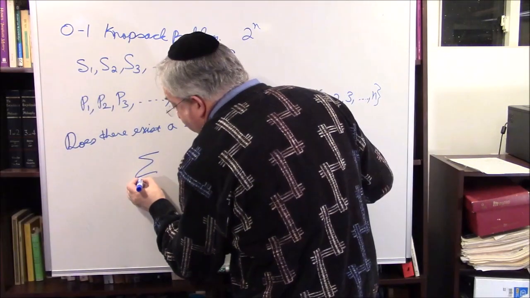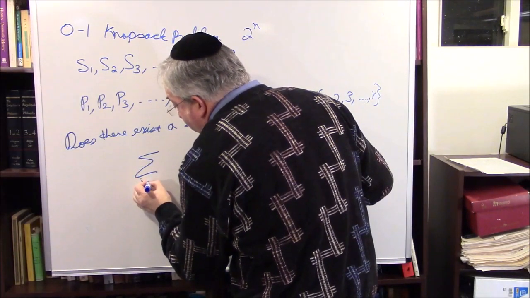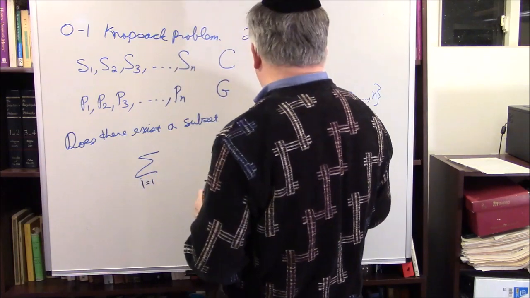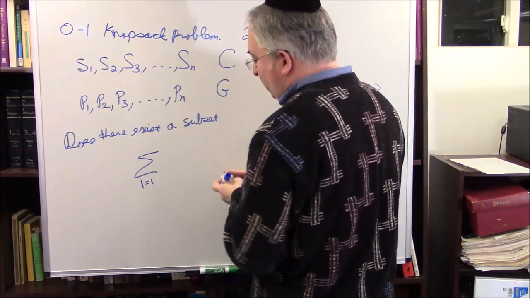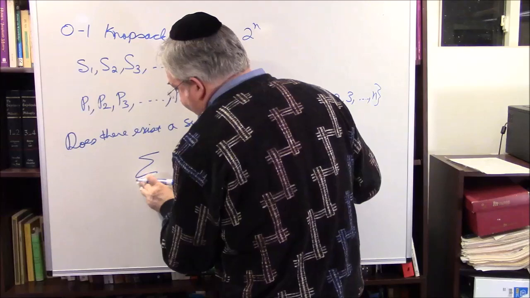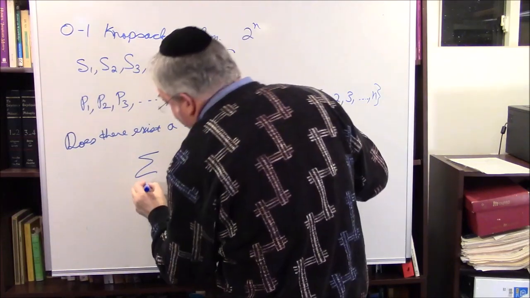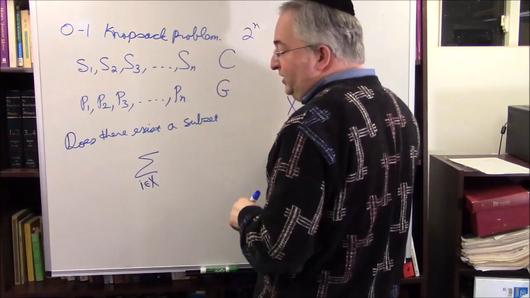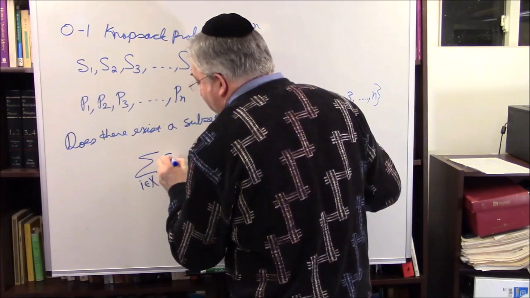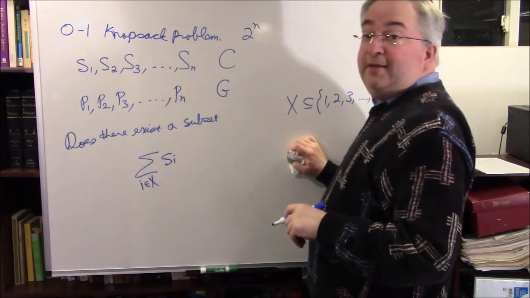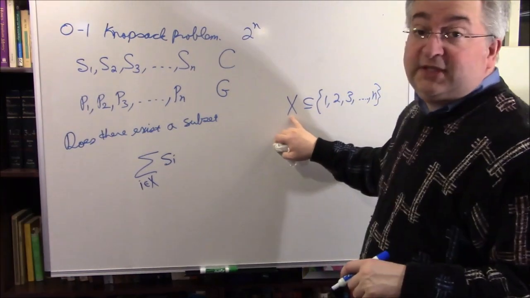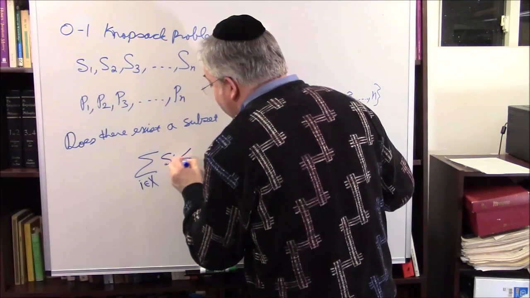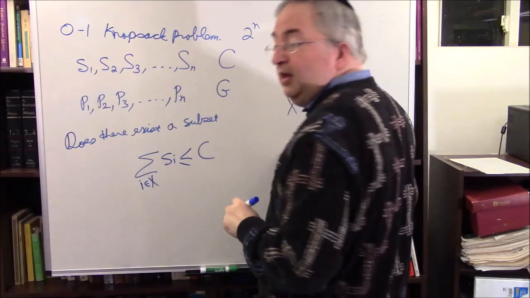So does there exist a subset such that, for i a member of X, those things in X, the sum of Si, if I add up all those things in this subset, I get less than or equal to capacity.